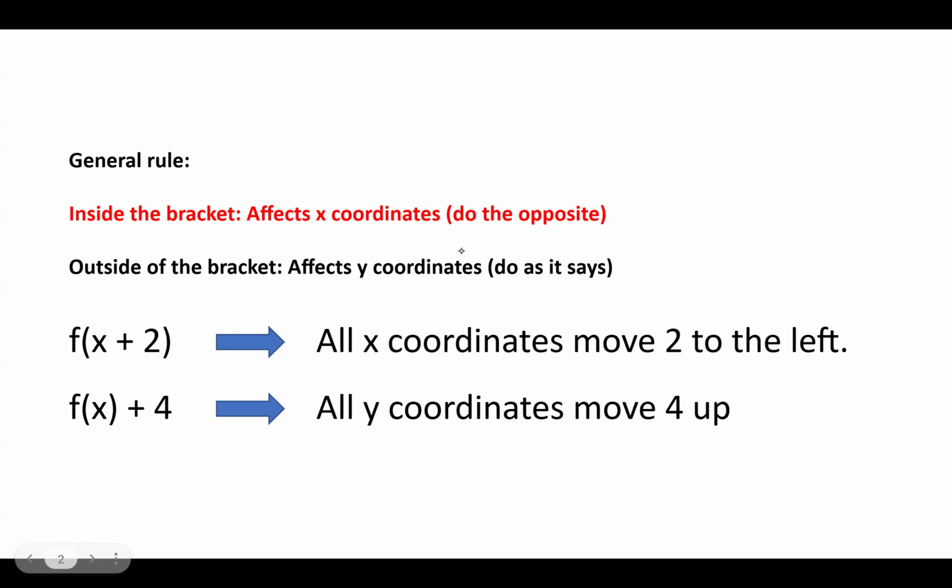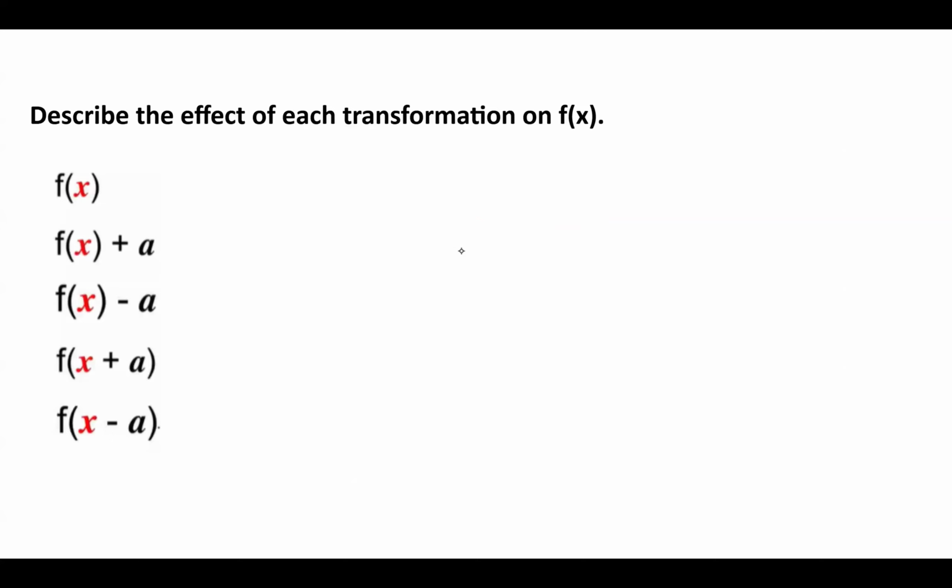Whereas over here, the transformation is outside of the bracket. So it's going to affect the y coordinates, and we do as it says. So we're going to add 4 to all of our y coordinates. So if we go back over here, if this is the function f of x, and now we have f of x plus a, we are going to add a units to all of our y coordinates.